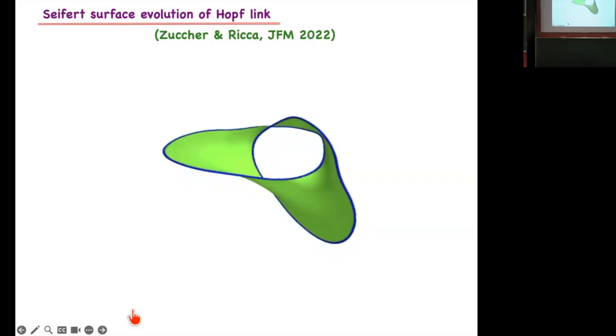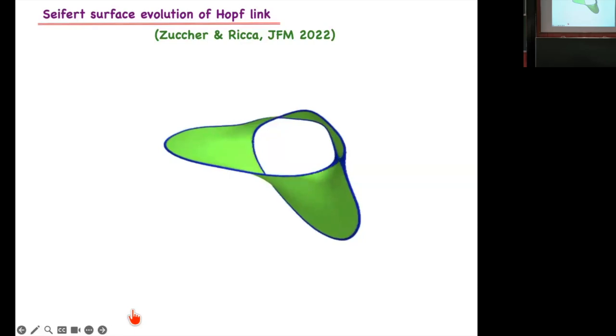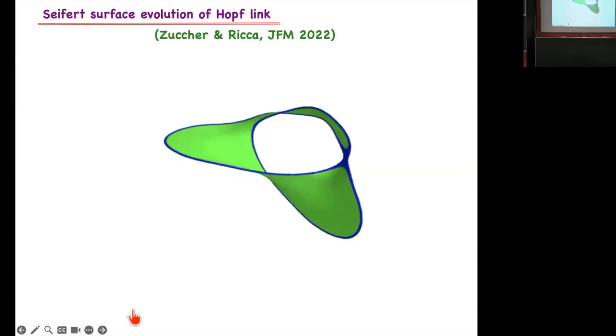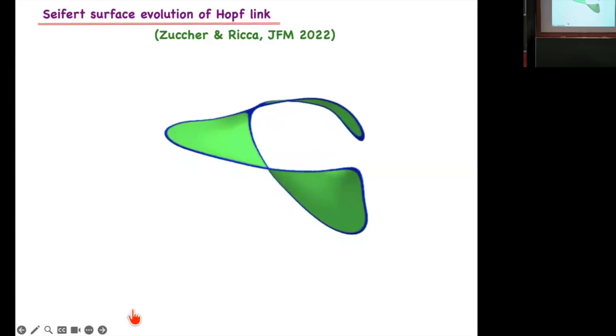Anyway, this is what's going on. There is a reconnection probably taking place there. I can't remember where the two sites are. And you will see in a moment that the surface breaks, here. Yeah, it breaks there. And so you're still going down in minimal area. And there is another one happening there, and then the other one.